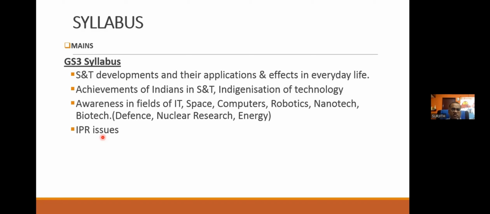The main areas are agriculture and the pharma sector. These are the two main areas of intellectual property rights issues in our country.